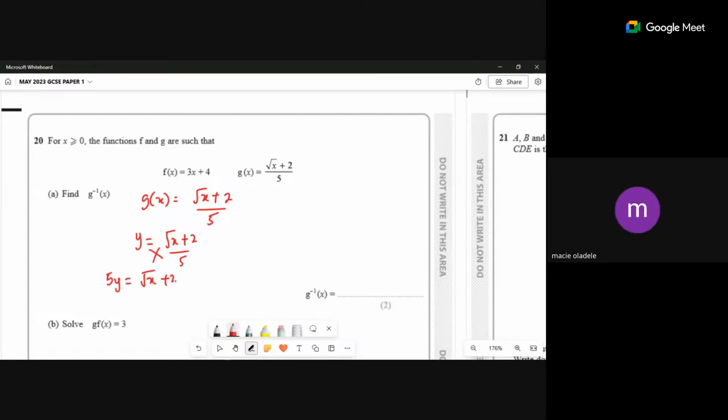It's x plus 2. So you have 5y minus 2 equals to what? With x, right? Yeah. So you square both sides. So you have 5y minus 2 all squared equals to x. So x equals to 5y take 2 all squared.